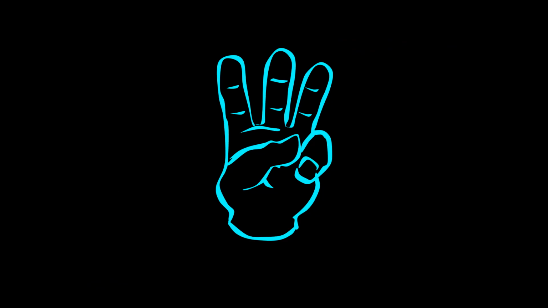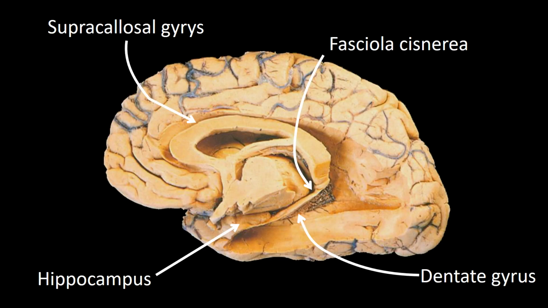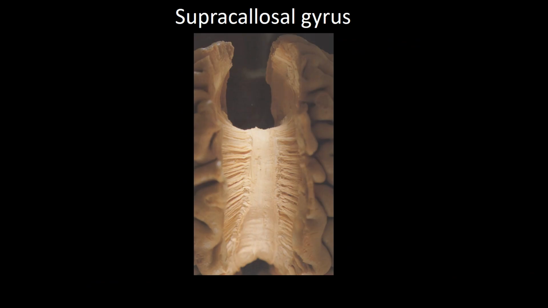The third structure mentioned in this question is the supracallosal gyrus. This is the name given to the gray matter above the corpus callosum. Viewed from above, the supracallosal gyrus looks like a thin covering of gray color applied to the corpus callosum.